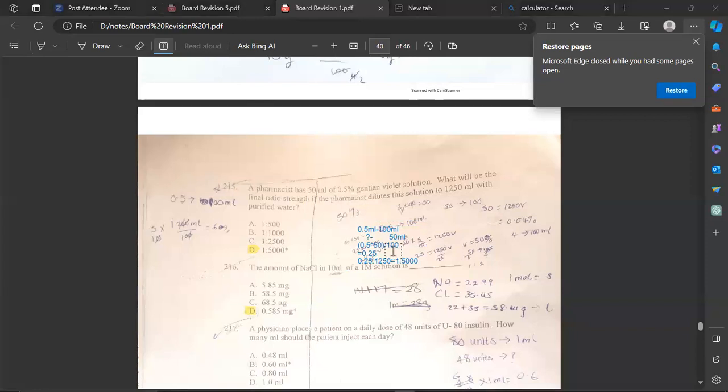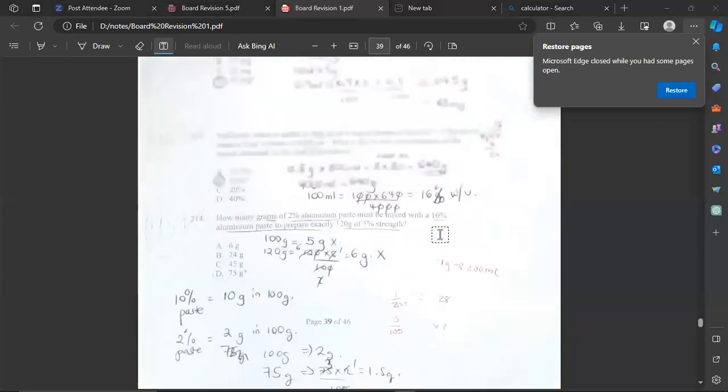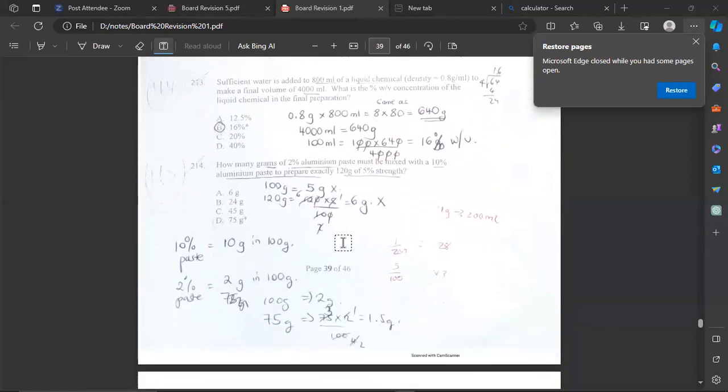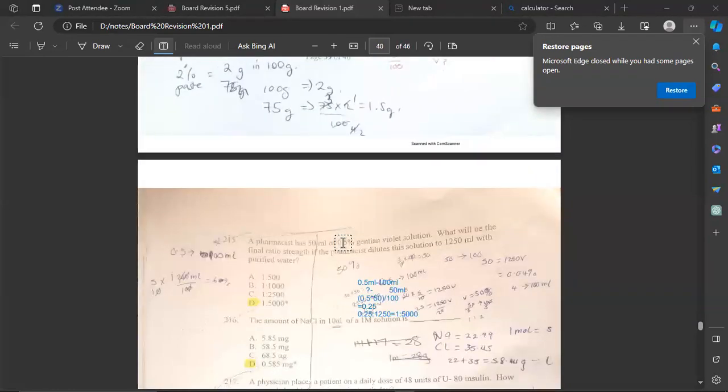Is Patel back? Okay. How many grams of 2% aluminum paste must be mixed with a 10% aluminium paste to prepare. Oh, okay. Abigail is requesting someone to repeat question 216.